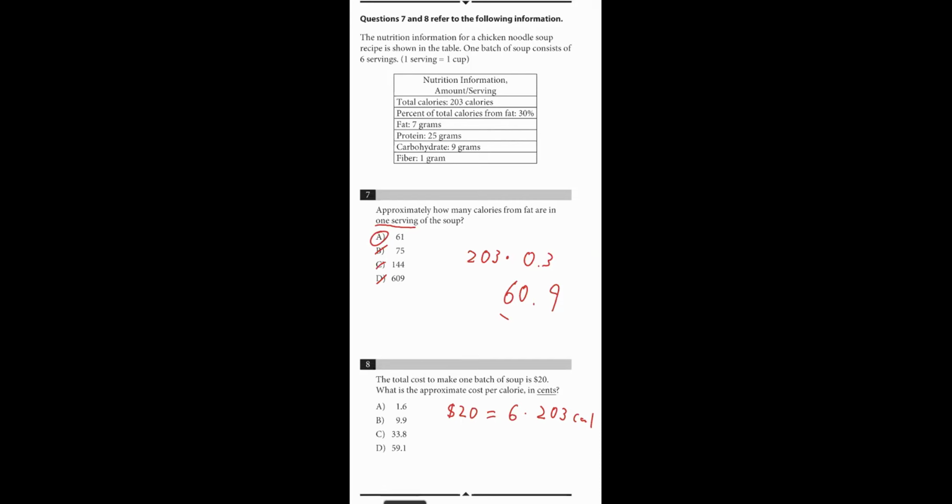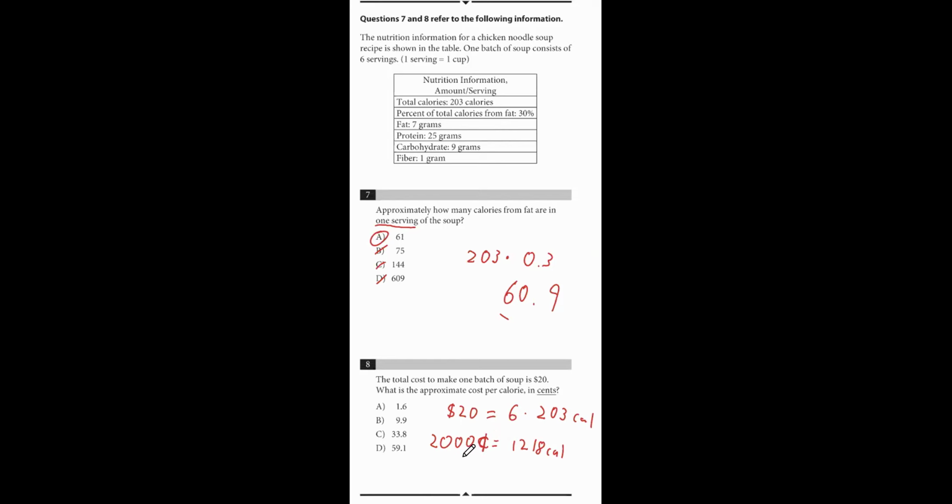So 203 calories times 6 is 1218 calories, and then we need to convert dollars into cents. So that would just be 2000 cents because we multiply by 100.